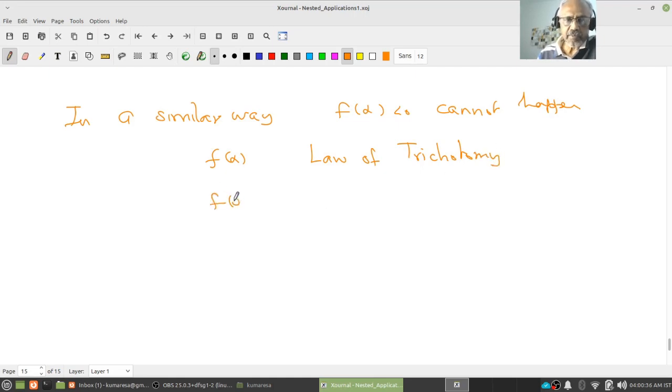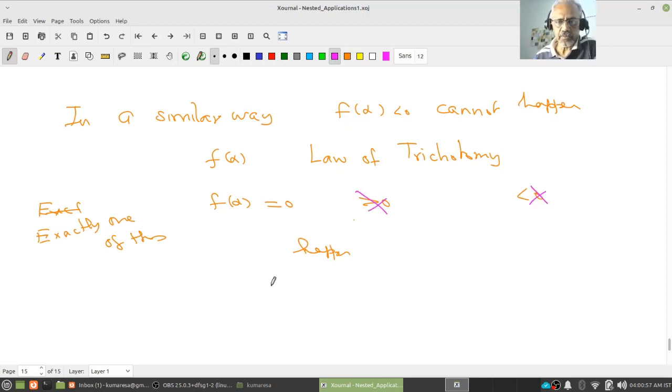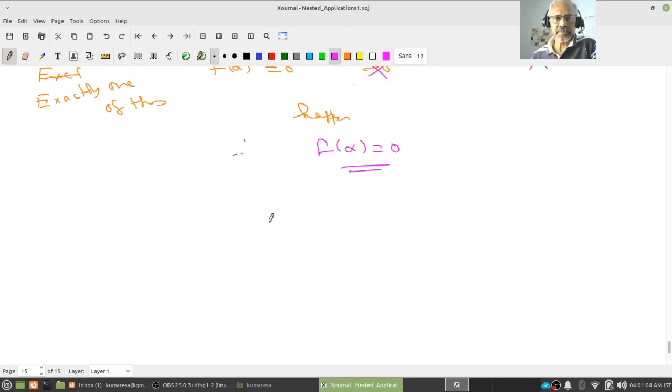That means f of alpha is either 0 or positive or negative, and exactly one of them happens. But we know this cannot happen and this cannot happen. Therefore f of alpha is 0.